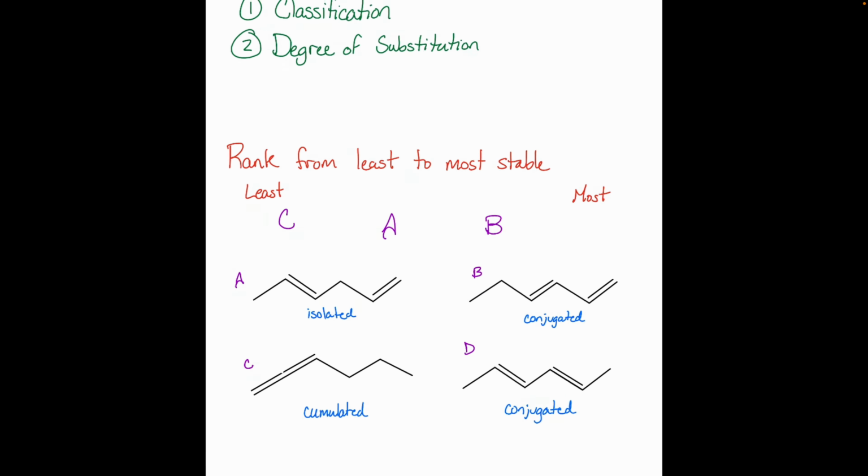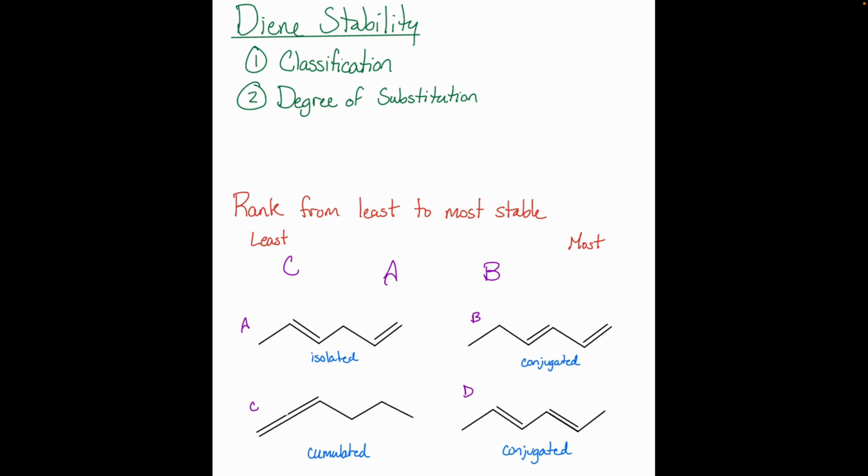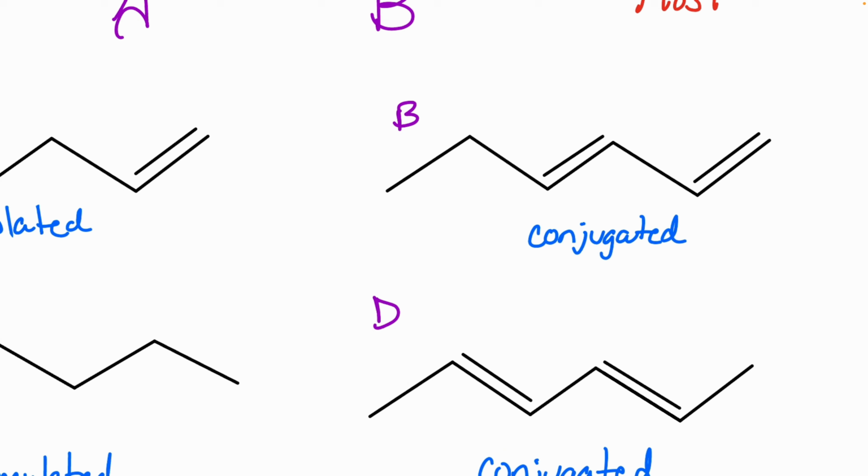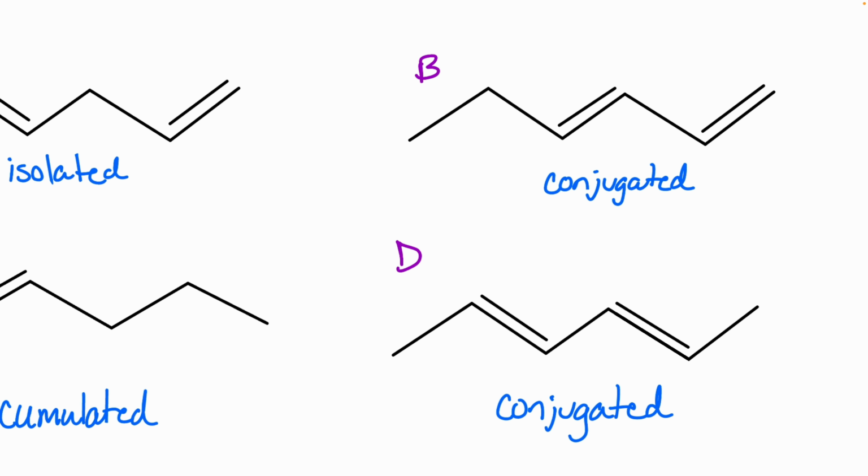All right, so given that, everybody take a second and throw D in our ranking here. All right, so what we're going to do is go through, and I'm going to look at this double bond on the left.